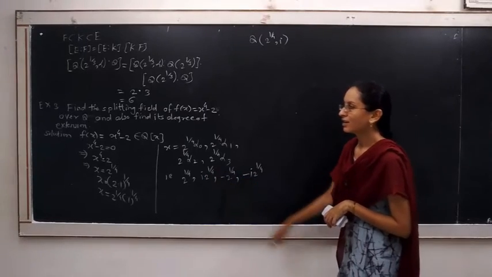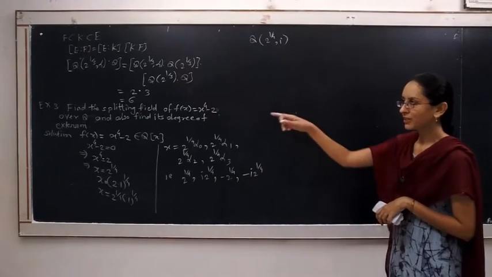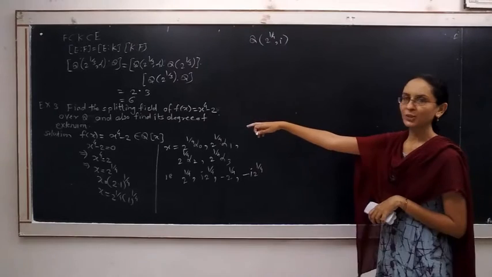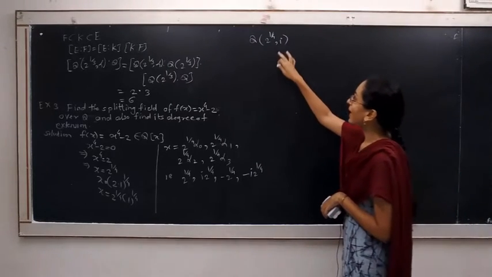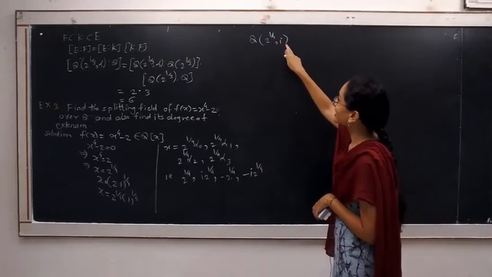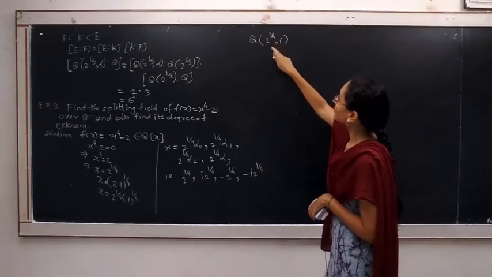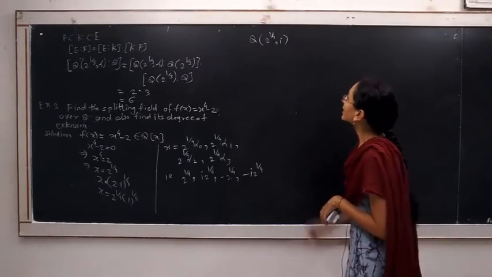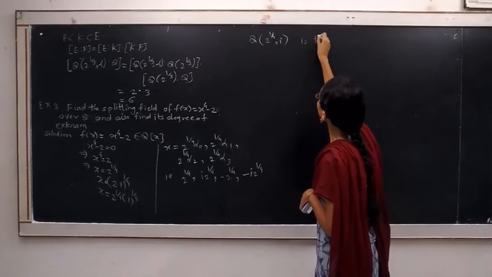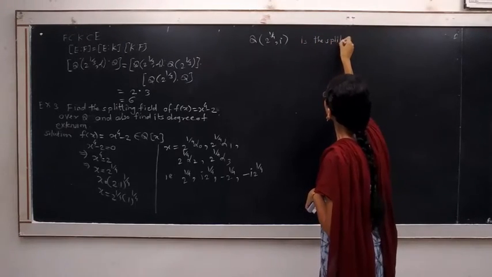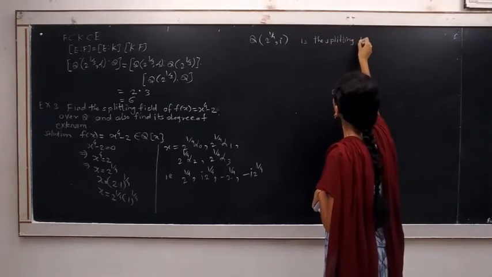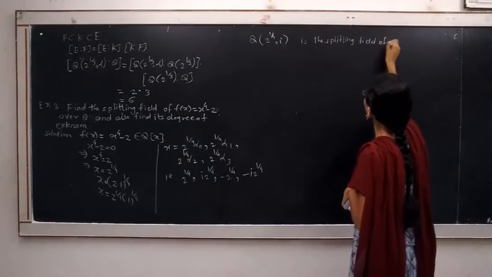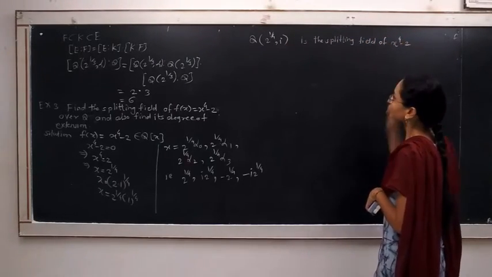Hence the extension of the field Q, formed by the finitely generated extension by 2 raised to 1 by 4 and i over Q, is the splitting field of x raised to 4 minus 2.